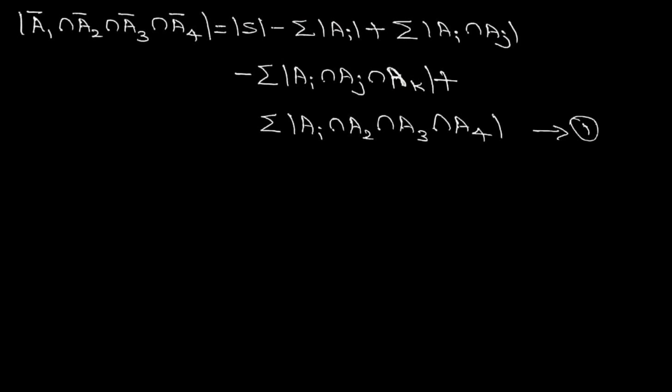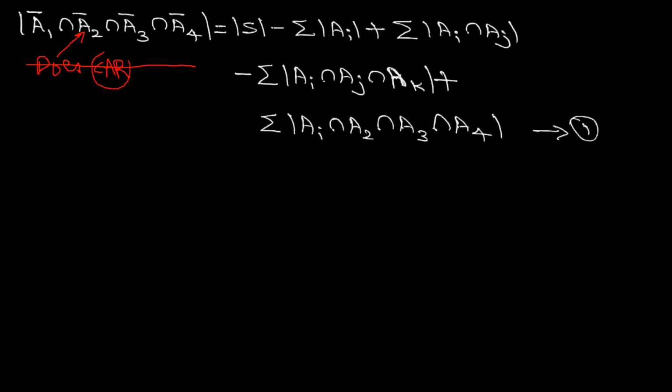That means we want a permutation which contains no dog, that is for A2 complement, and no car. We should not have the car word.